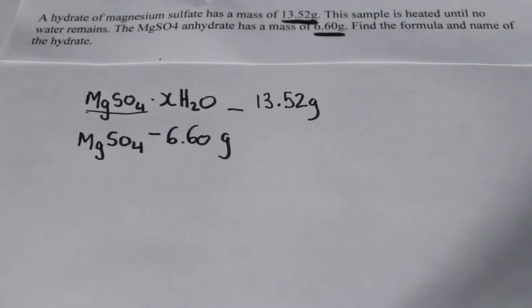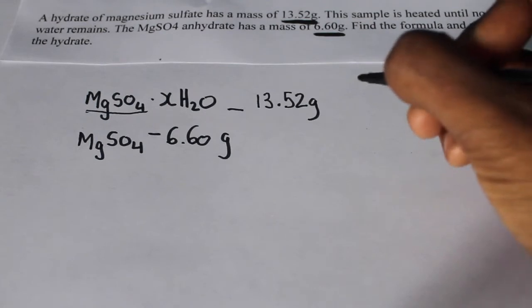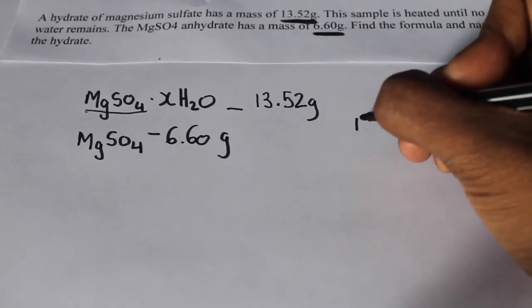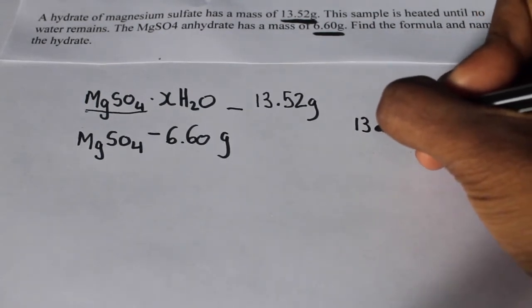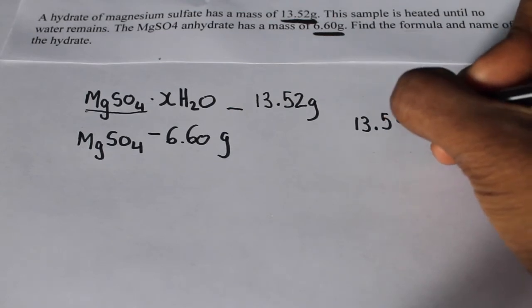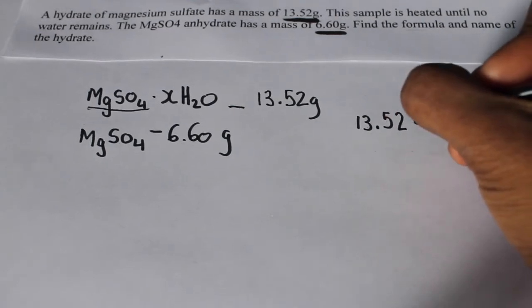We can now find the mass of H2O. Now to do this, we take the mass of the anhydrate and subtract it from the mass of the hydrate. The reason we do this is because we have the combined mass of magnesium sulfate with water and the mass of it without water. So the difference between them must be the leftover H2O.